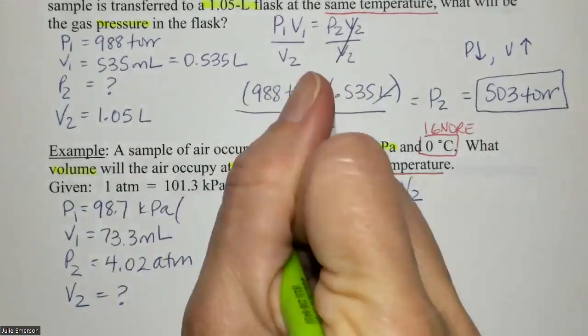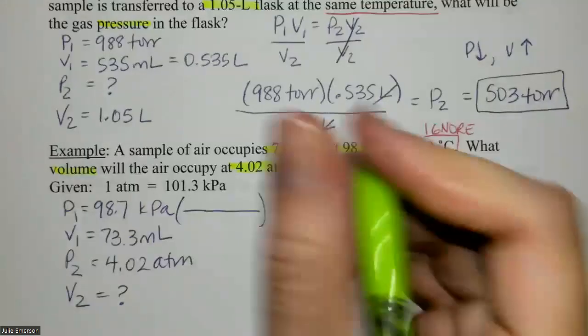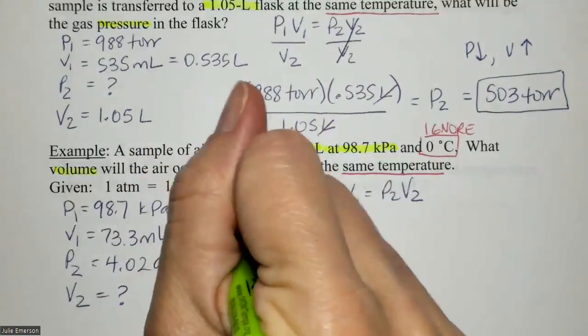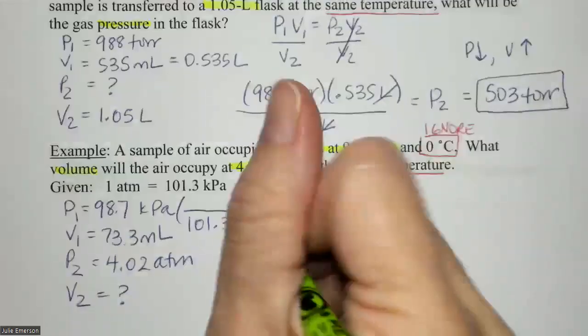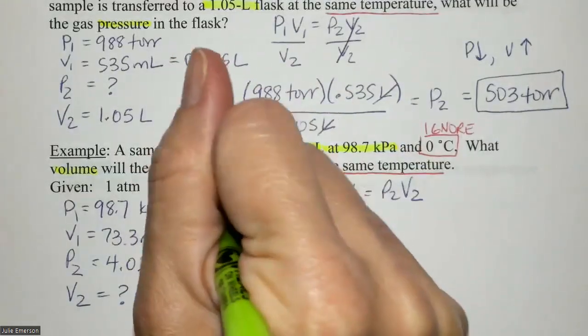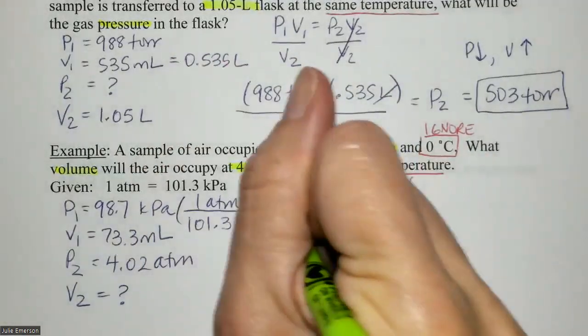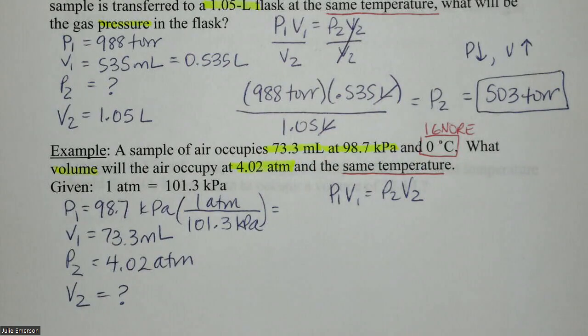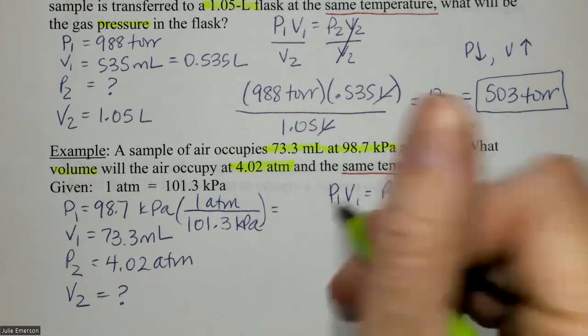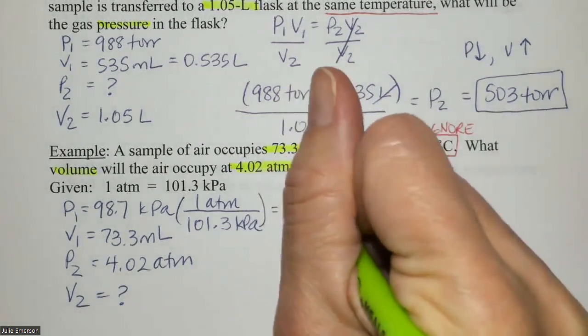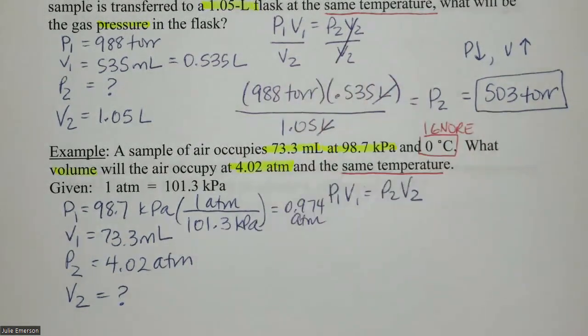So I'm going to, using that conversion factor that's given to me, kilopascals on the bottom, 101.3 kilopascals is equal to 1 ATM. So when I calculate P1, I'll take 98.7 divided by 101.3, keeping 3 sig figs, I get 0.974 ATM.